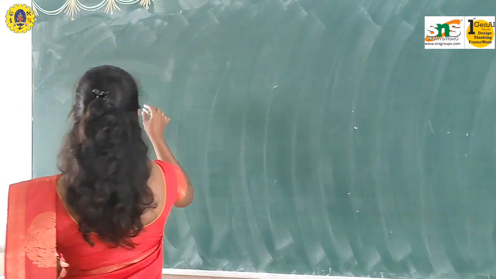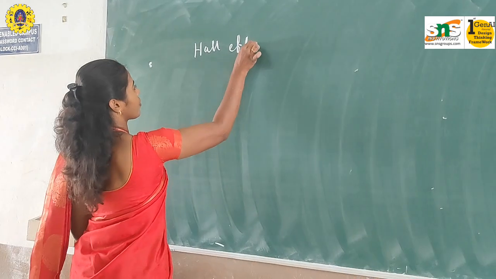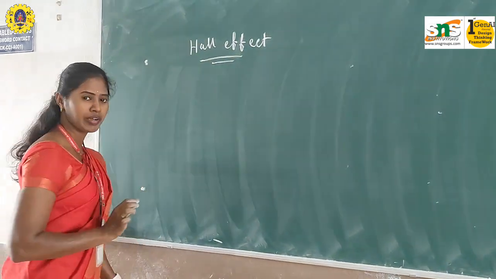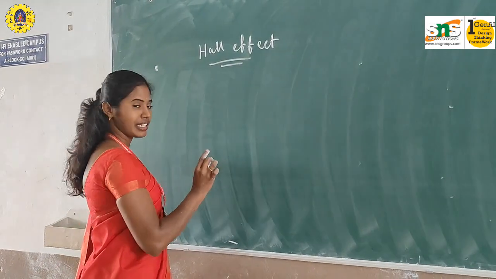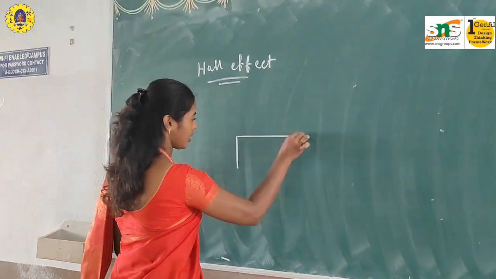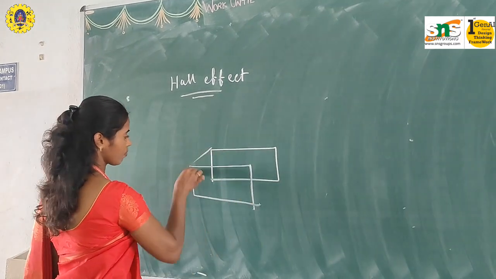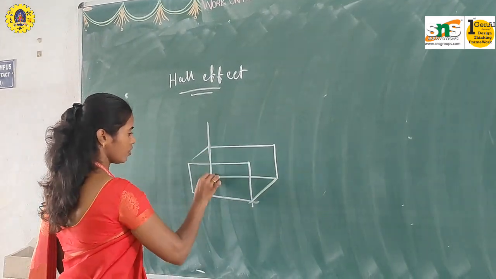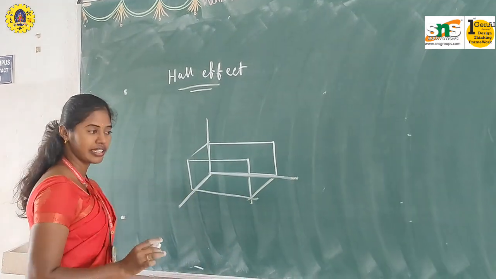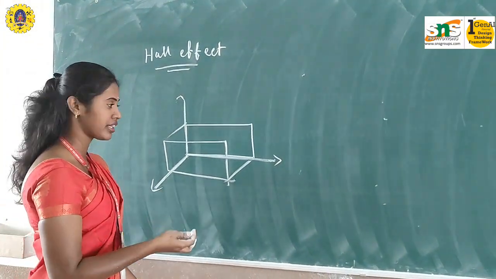So let us see the Hall effect. What is meant by Hall effect? Let us consider a current carrying conductor. It can be a P-type semiconductor or an N-type semiconductor, anything else.